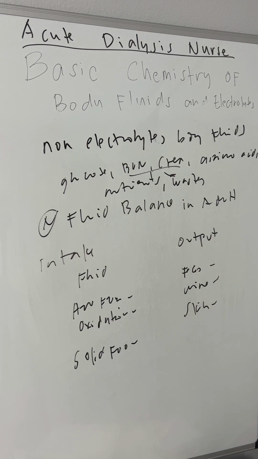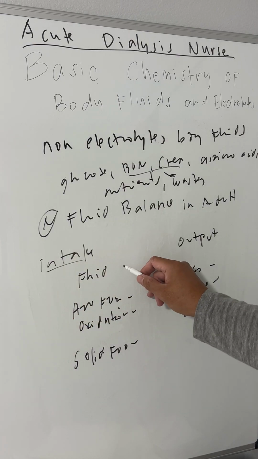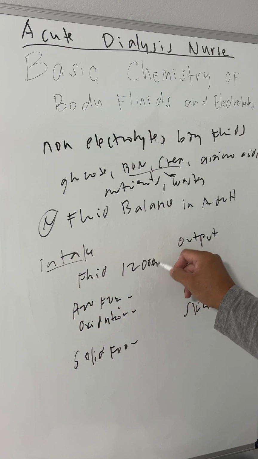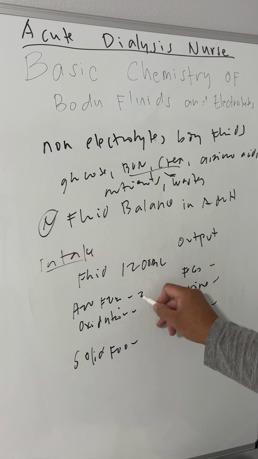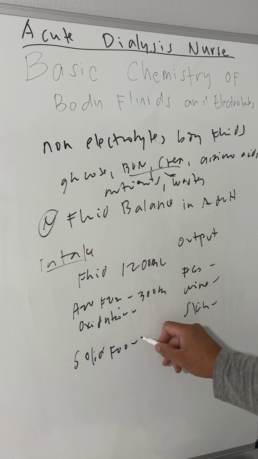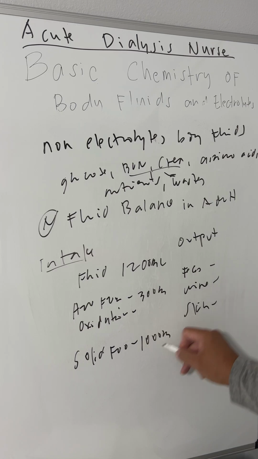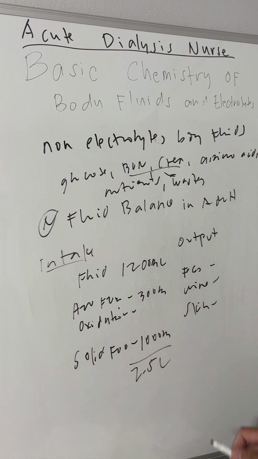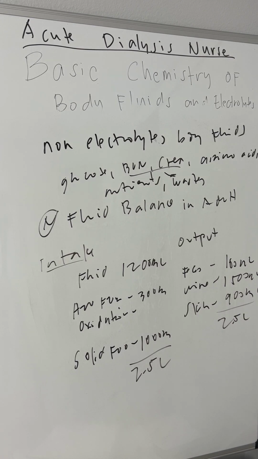So normal fluid balance in adults. Fluid intake is approximately 1200 ml. Water from oxidation 300 ml. And then solid food is approximately 1000 ml, which totals 2.5 liters. For output, feces approximately is 100 ml, urine 1500 ml, and through the skin is 900 ml, which is 2.5 liters. So there you go. Normal fluid balance in adult.